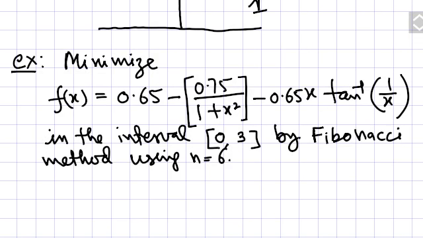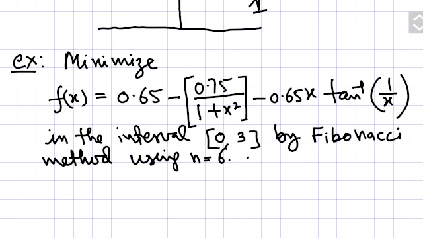This is the example I will be taking. This is the function f(x), a very complex function. You cannot solve it easily, and always in this kind of question you will be given an interval, between 0 to 3.